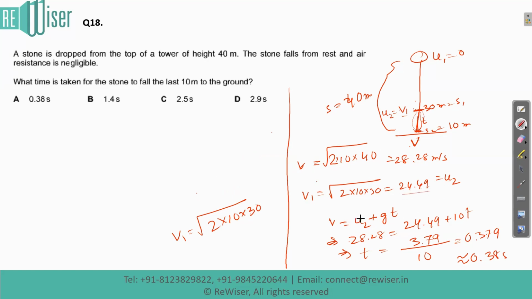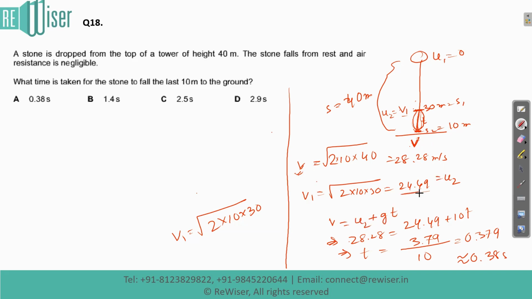Now, if I just consider this path, S2 is 10. That we don't require for now. We're going to use the first equation of motion, V is equal to U plus AT. Now, V is the final velocity that we have found out already, 28.28 meters per second.